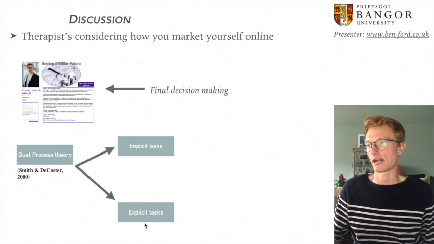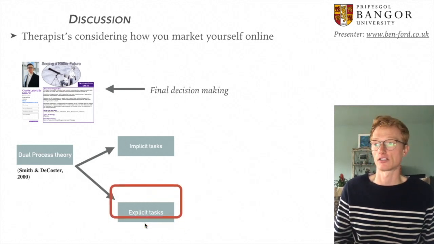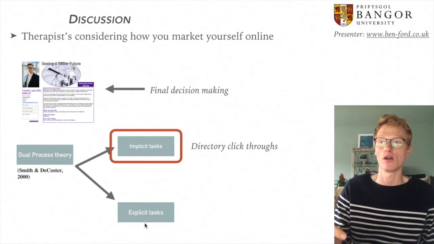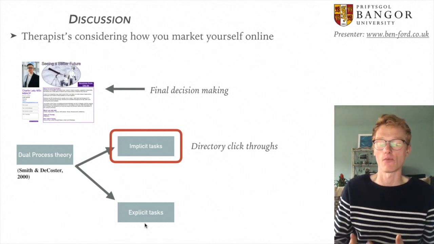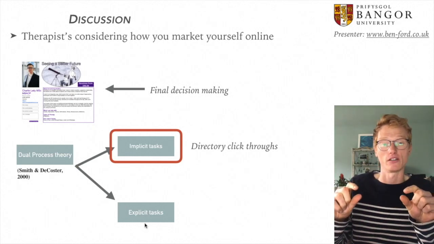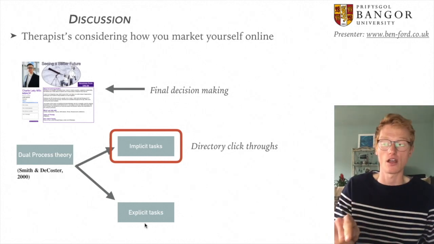And so when we look back at the dual process theory, in the future it might be interesting to look at people's implicit tasks, and we could do that by looking at how people make decisions when they're faced with a directory of therapists, and whether or not embedding priming into people's thumbnail photos might affect their decision to click on one therapist over another.